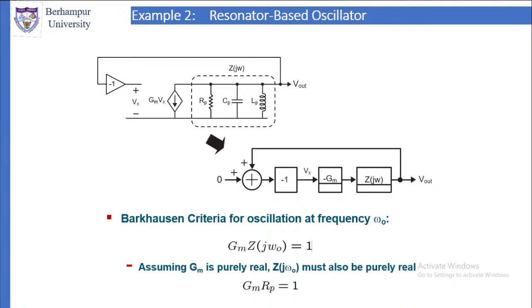Now if G into Z is equal to 1, and we assume the transconductance is purely real, then the impedance has to be purely real, because the product of two quantities is real only if both are real. So assuming Gm is purely real, Z(j omega) must also be real. Let us say Z(j omega) is equal to Rp. So Gm into Rp is equal to 1. This is the Barkhausen criterion for a resonator based oscillator.